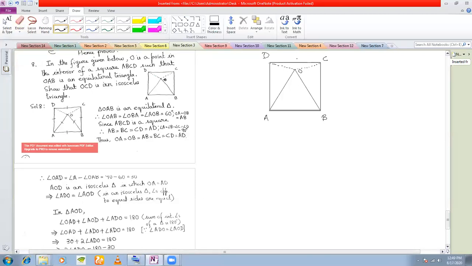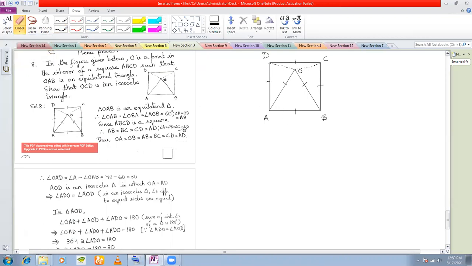Now see, since ABCD is a square, all the four sides have to be equal, right or wrong? Also, since this triangle is equilateral, all the three sides must be equal. Therefore, all these sides are equal.